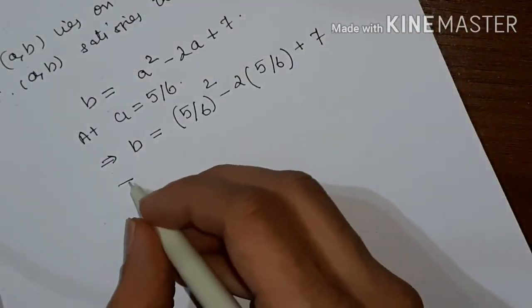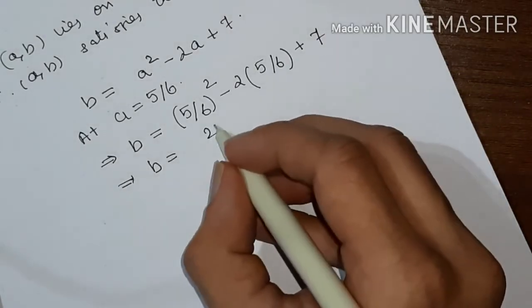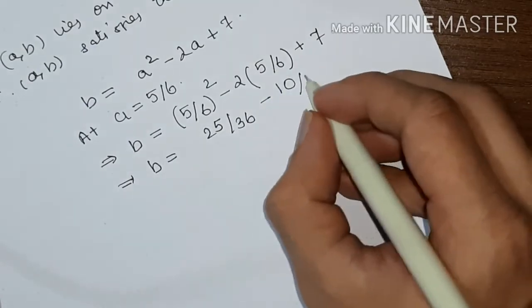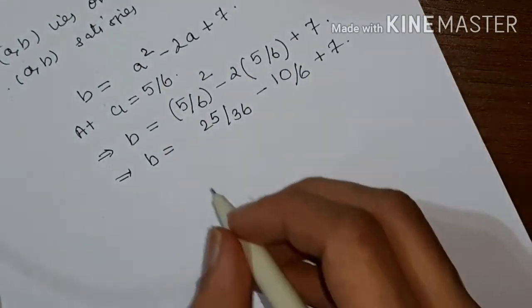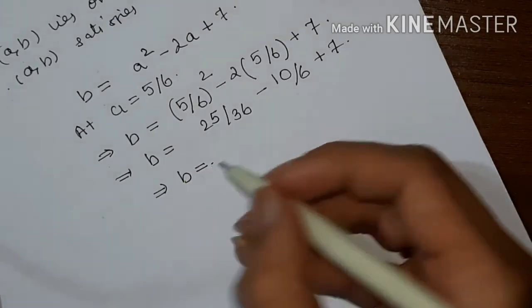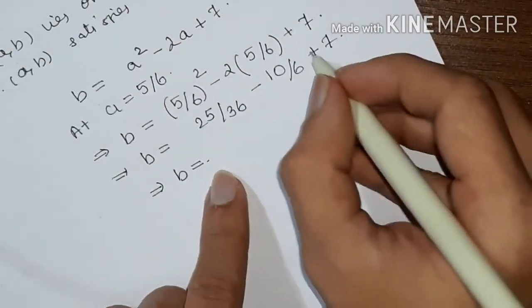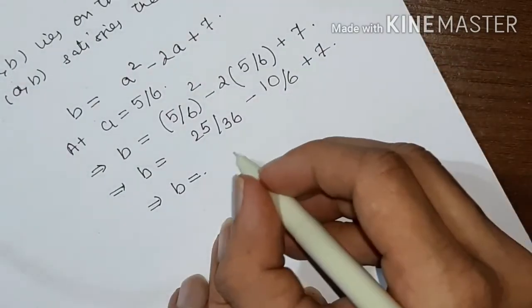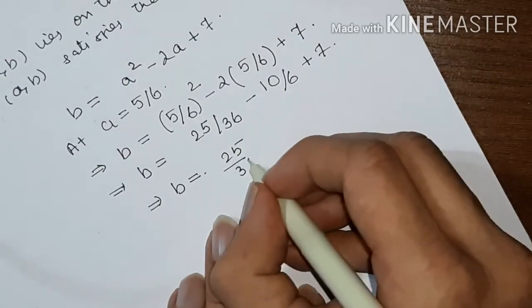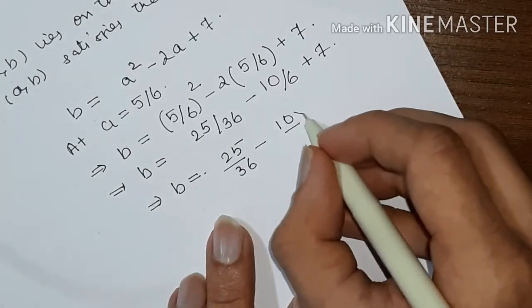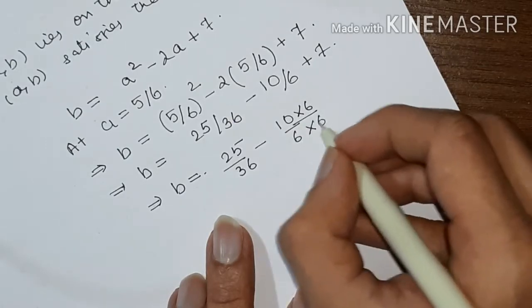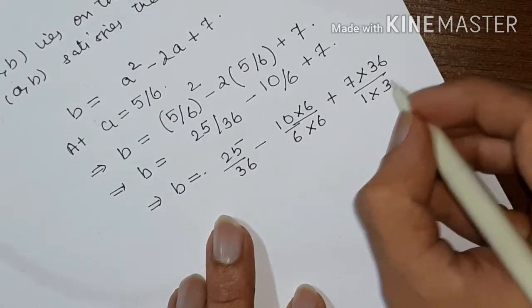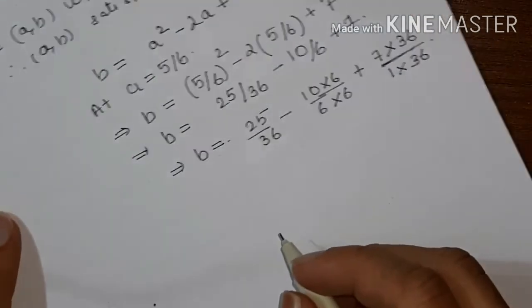So b is equal to 25 by 36 minus 10 by 6 plus 7. Here the LCM is 36, so we can convert each term.